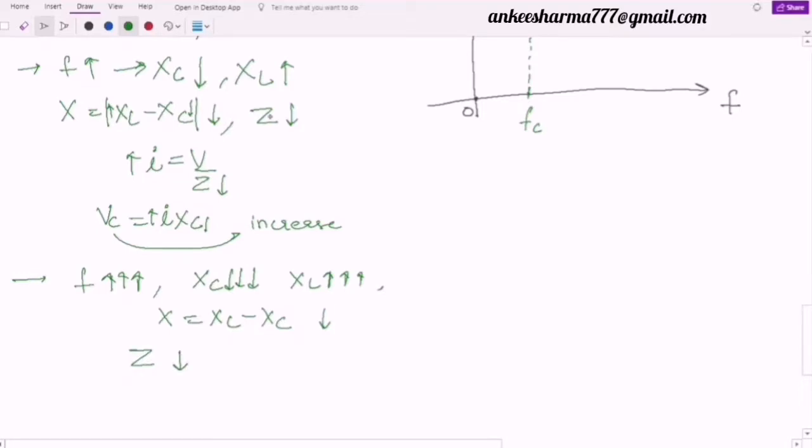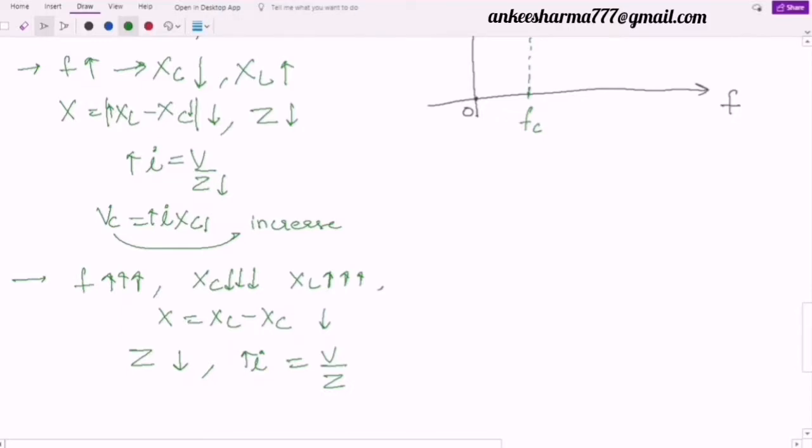If Z value will decrease, can I say my I value, which is equal to V by Z, will further increase? Now in this case I value will increase, I value will increase, right?